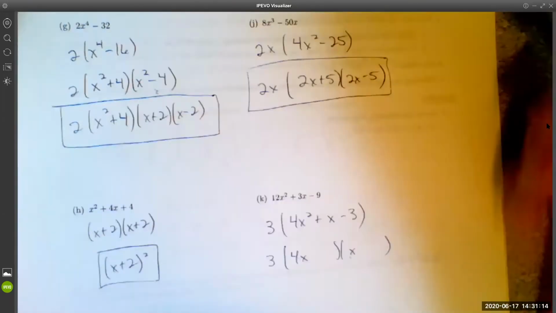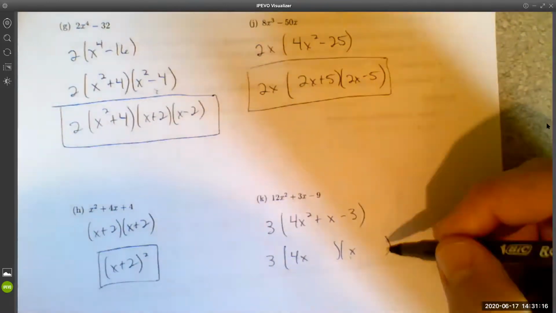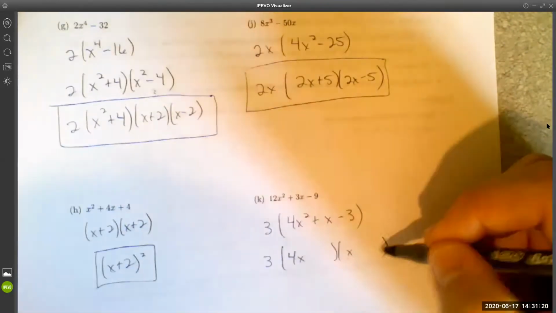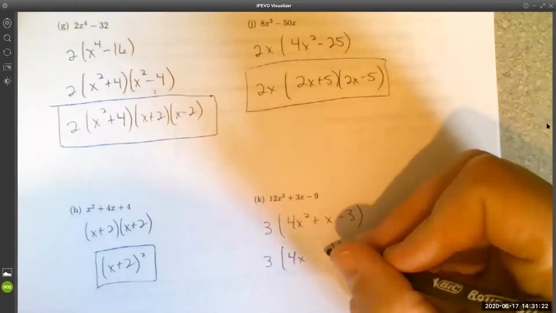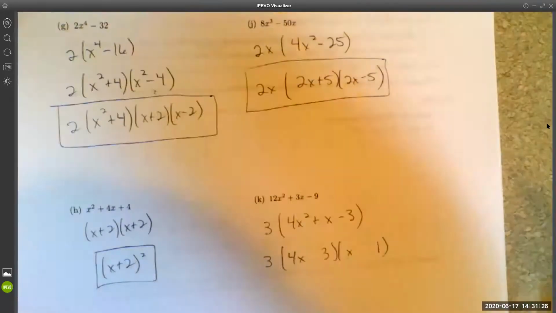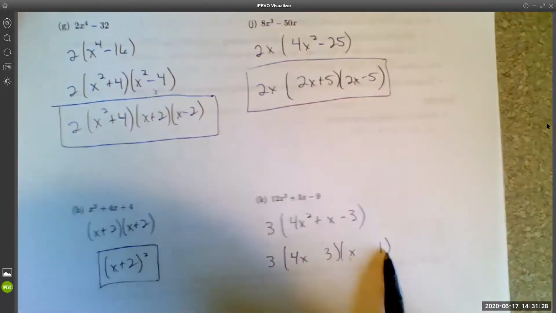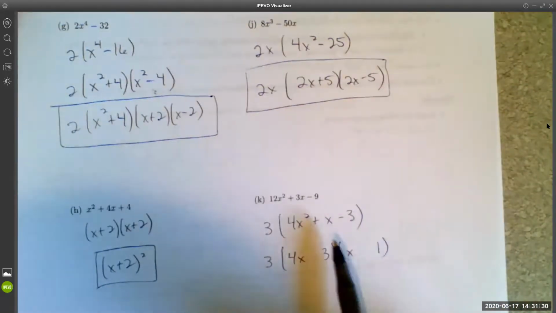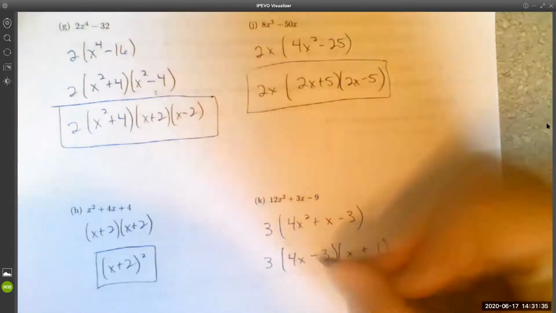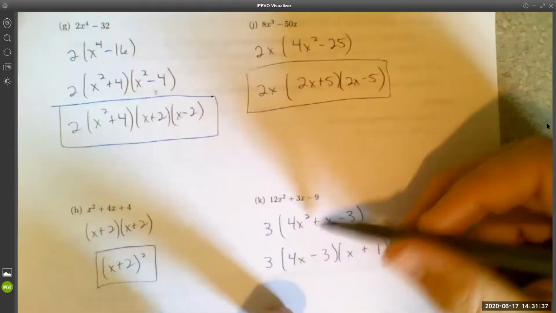I don't really know yet. If I put the 3 here, I'm going to get a 12. I'm trying to get to 1, so I don't think that's going to work out well for me. But if I put the 3 here, and 1 there, I think I stand a chance, right? Because then I can get a 4 and a 3. So I want to do positive 4 and negative 3. That way I get a positive 1 in the middle.